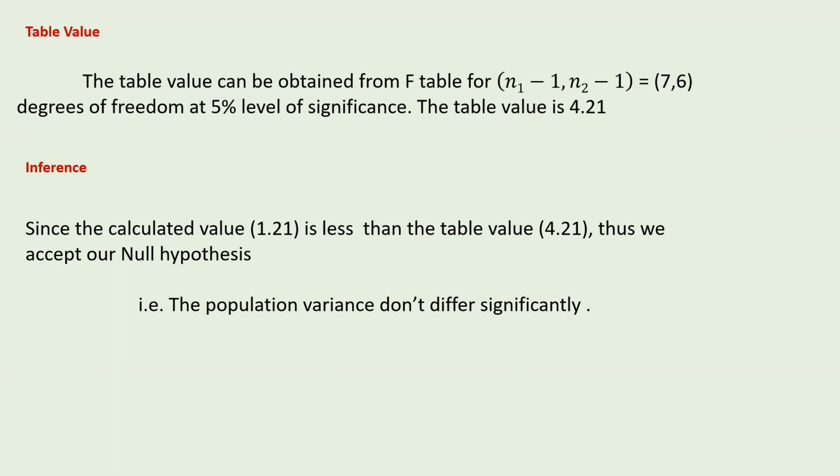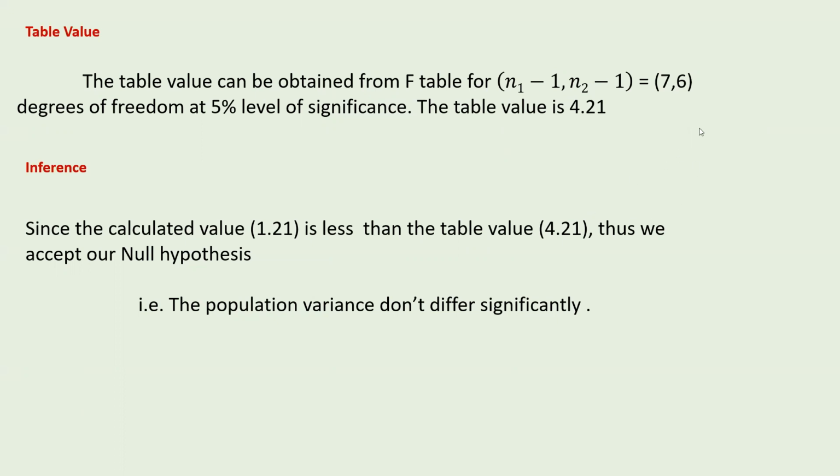In the inference, we have to compare the table value and the calculated value. How we conclude is, if the calculated value is less than the table value, we'll accept the null hypothesis. Otherwise, we'll reject our null hypothesis.